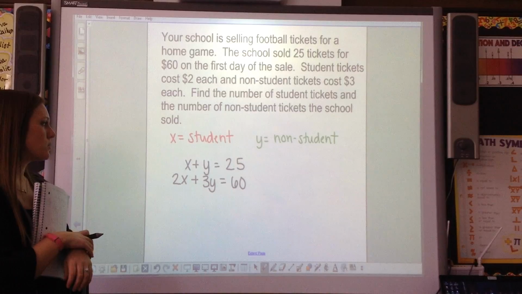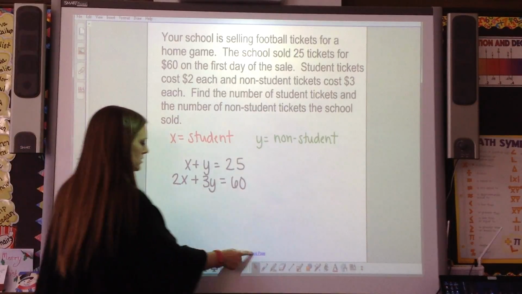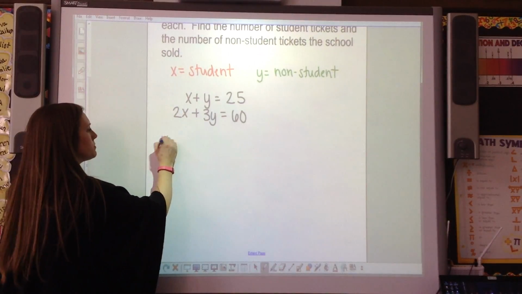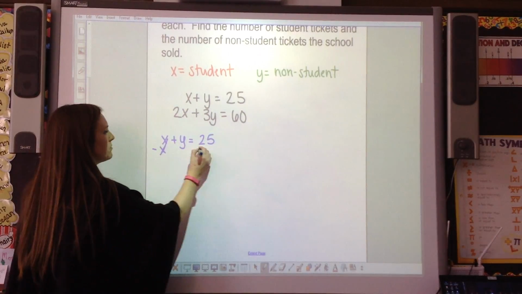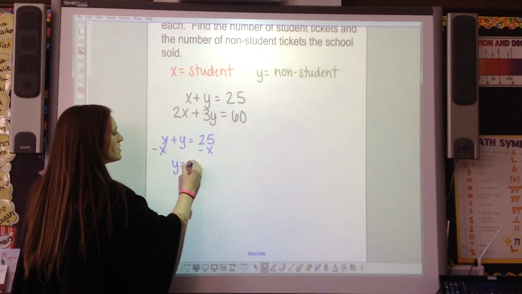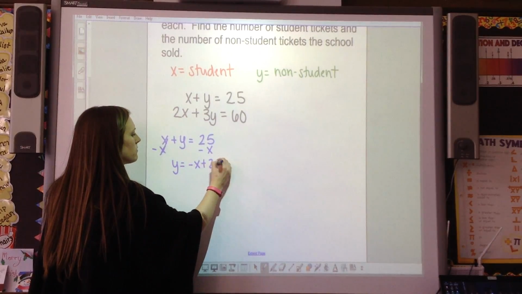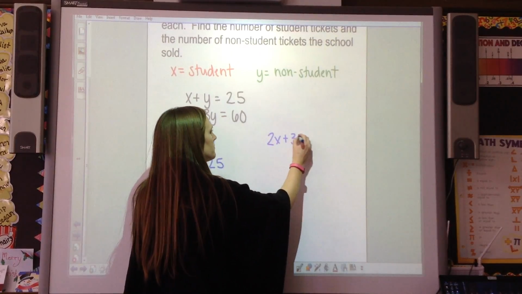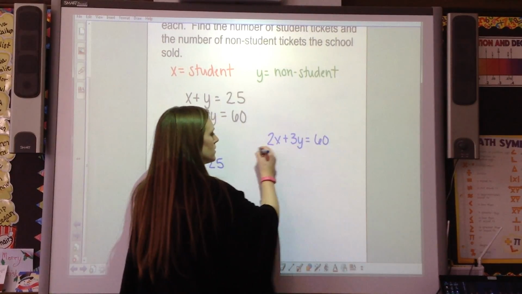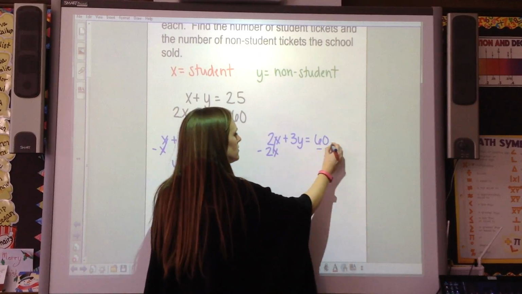To do that, I'm going to graph. To graph, I need to put both equations in slope-intercept form. So I get y equals negative x plus 25. The other equation, bring 2x over.